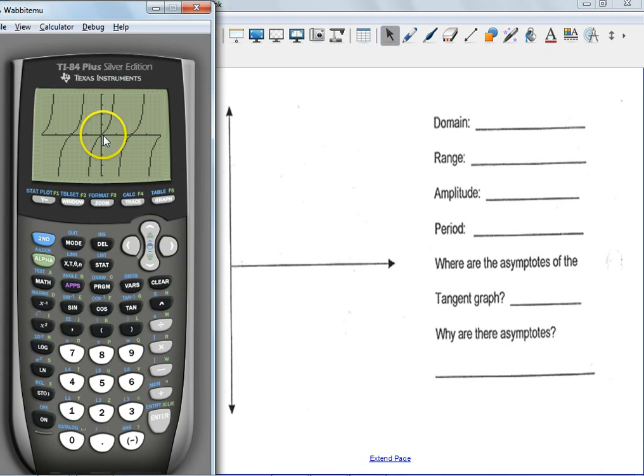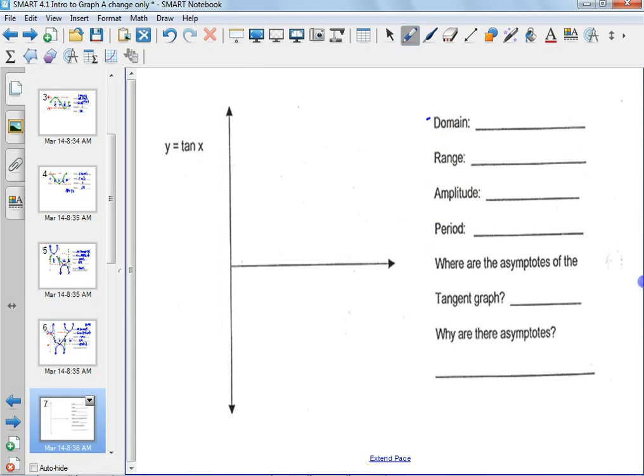What else do you notice about tangent at the origin? It kind of starts at 0, and it looks like it must have some sort of asymptotes going on. Okay, let's try this. For tangent, instead of quarter points, you are going to mark a center of tangent, which we know is 0. And then mark out what half of its period is.